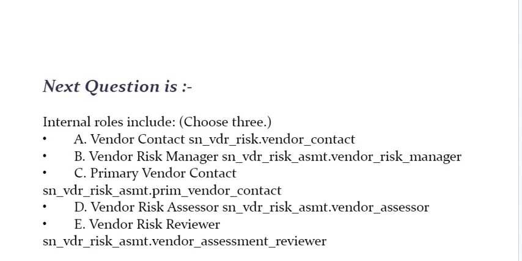Option C, primary vendor contact, sn_vdr_risk_asmt.prim_vendor_contact. Option D, vendor risk assessor, sn_vdr_risk_asmt.vendor_assessor.